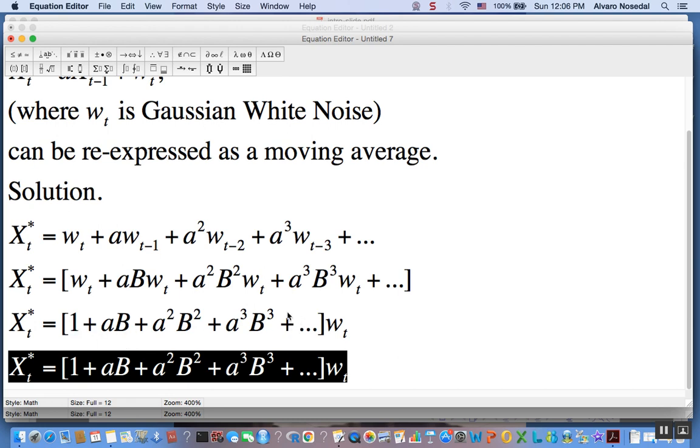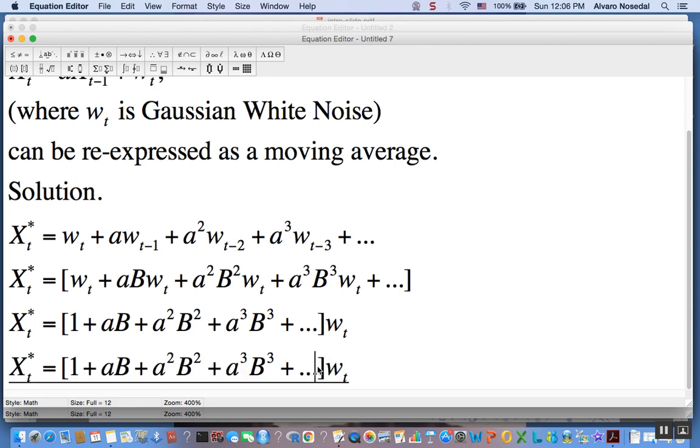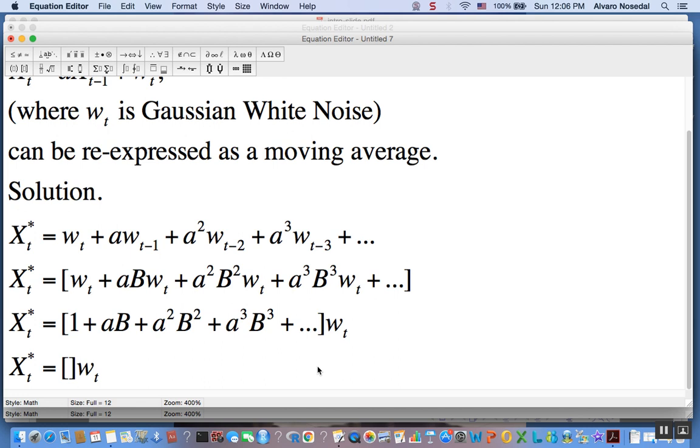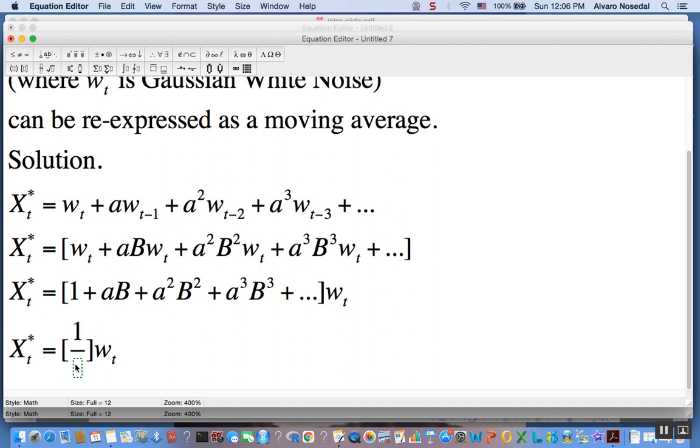So this 1 plus ab plus a squared b squared plus a cubed b cubed plus so on, right? We know is equivalent to this using that formula, the geometric series. 1 over 1 minus ab.